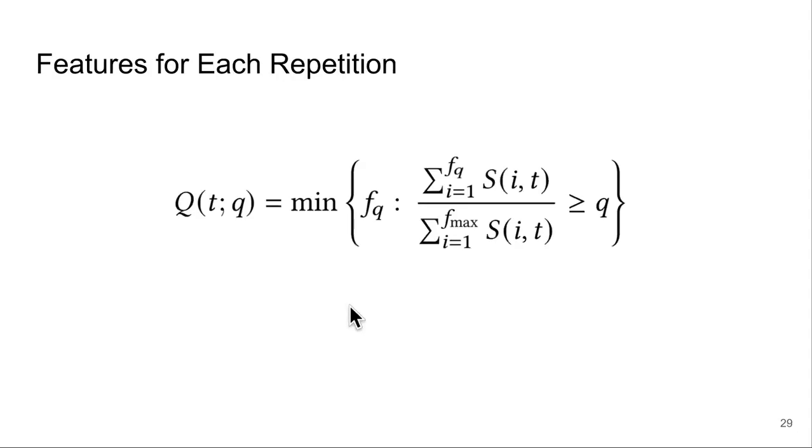Now, given the spectrograms of each repetition, the feature for classification is based on the quantile of a spectrogram.